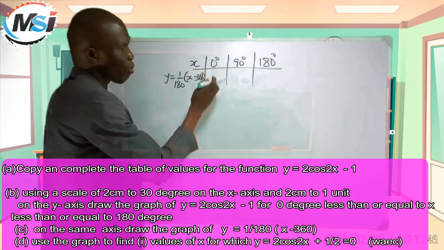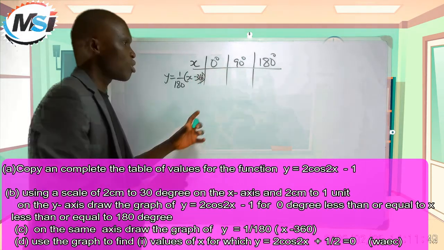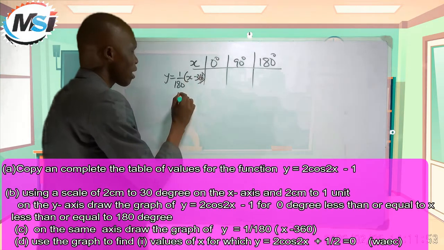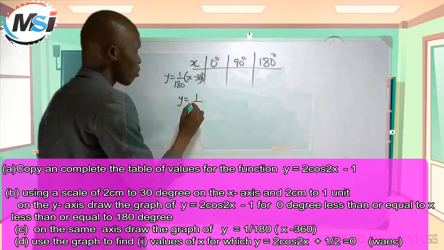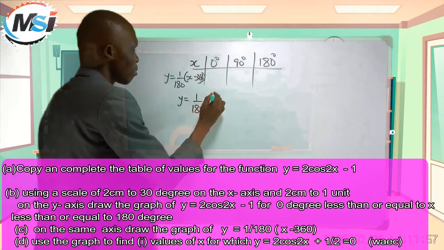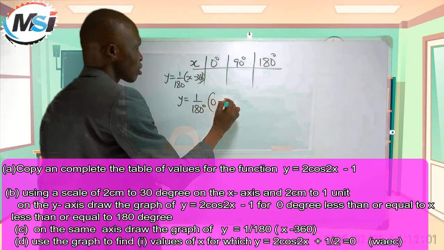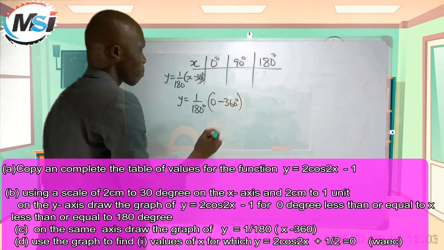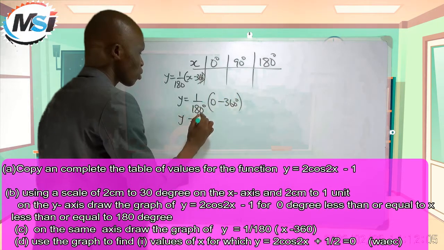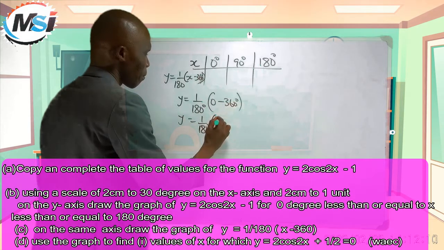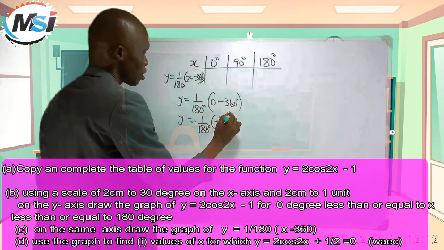Now to find the y here, you need to go back to what I explained to you before. Y will give us 1 over 180 degree bracket x. When x equals 0, it is 0 minus 360 degree. So this will give us y equals 1 over 180 degree bracket minus 360 degree.